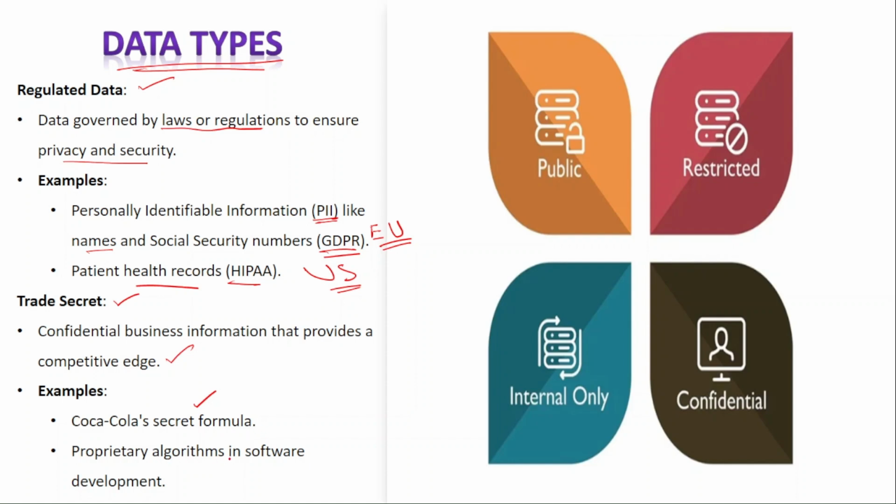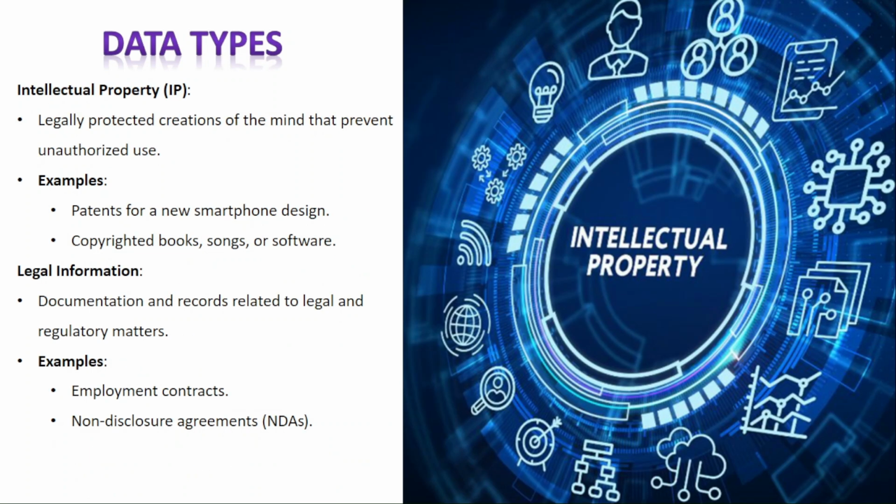And proprietary algorithms in software development: the source code or the algorithm used in software, for example Microsoft Office or Microsoft Windows, are proprietary, and these also come inside trade secrets.